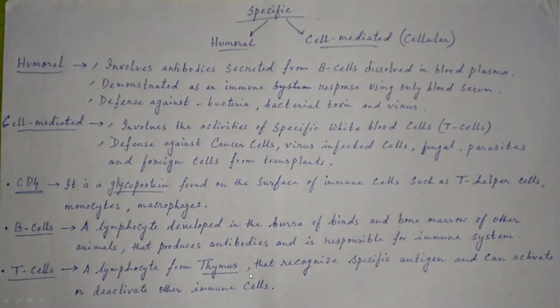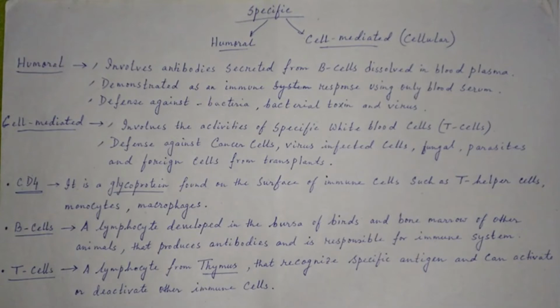It recognizes specific antigen and can either activate or deactivate other immune cells. Right? So you have come to know what is humoral, what is cell mediated, what is CD4, what is B cells, and what is T cells.